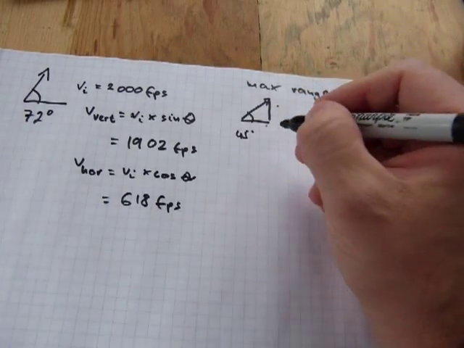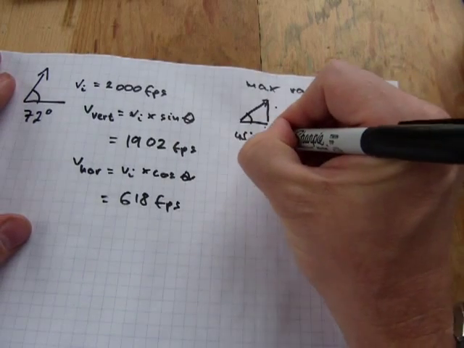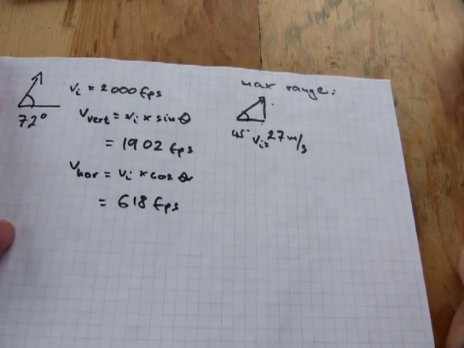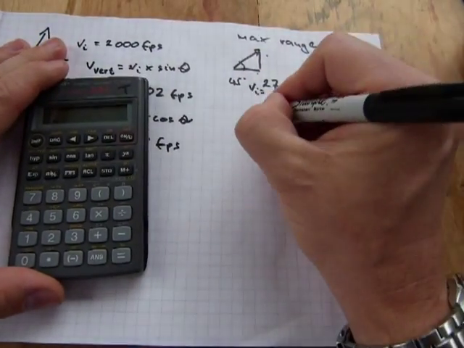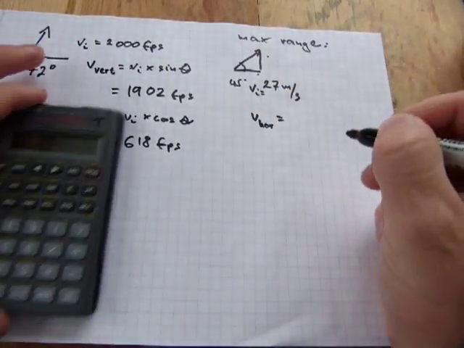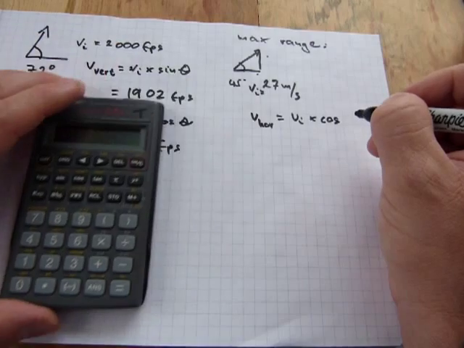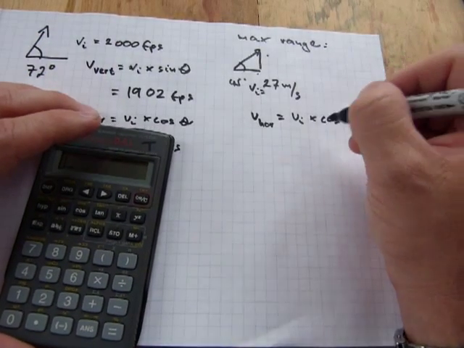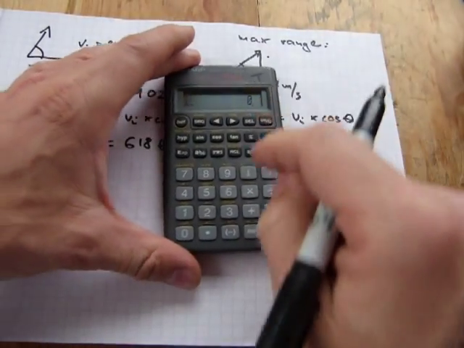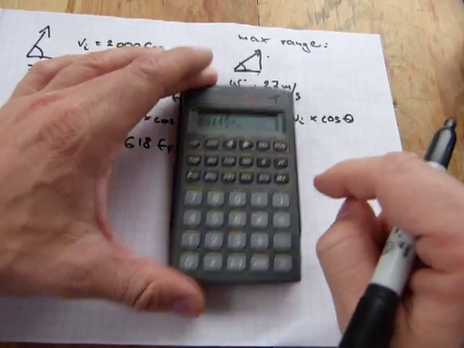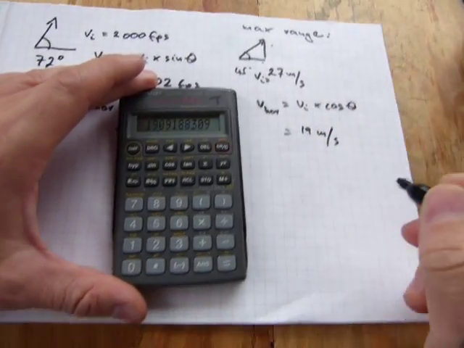Say the muzzle velocity of an arrow is 27 meters per second. That's velocity initial equals 27 meters per second, and it's going up at a 45-degree angle. So velocity horizontal is velocity initial times cosine 45, which is cosine 45 multiplied by 27 equals 19 meters per second.